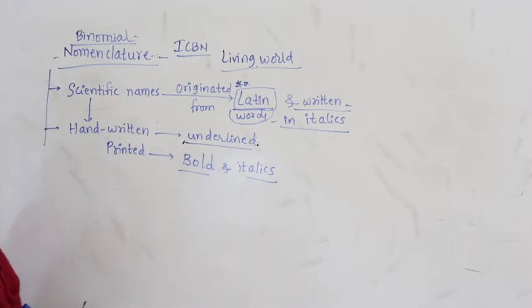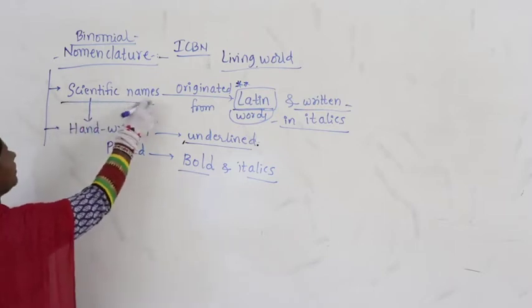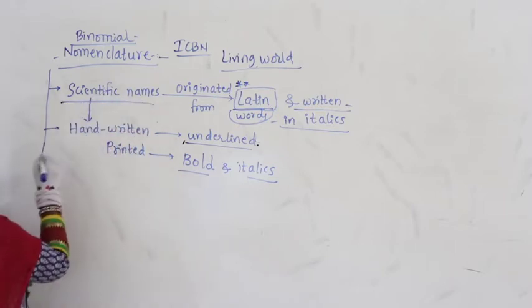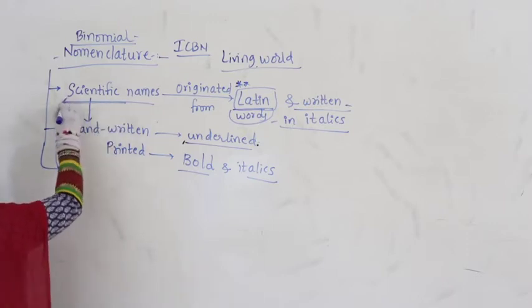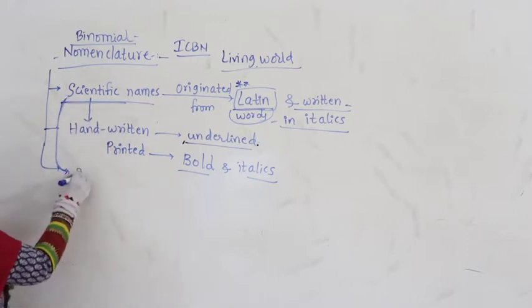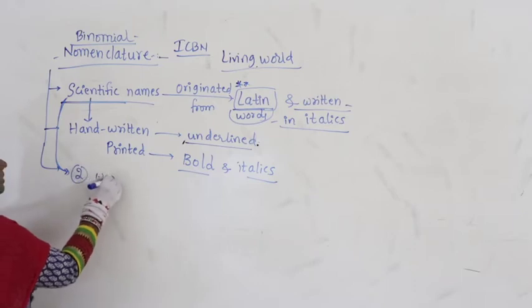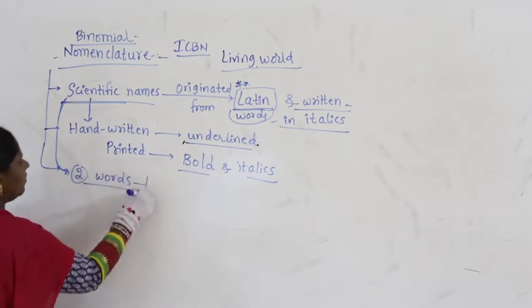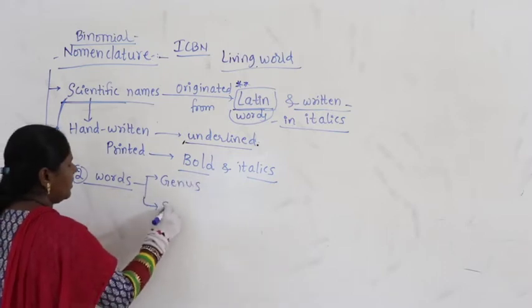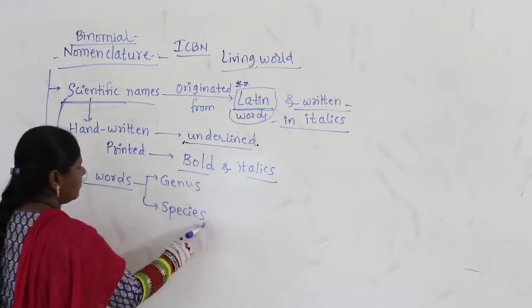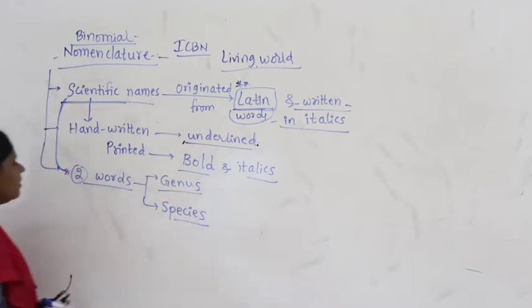Okay. Now apart from this, according to binomial nomenclature, I am speaking about a scientific name. Scientific name has, as we studied for the last class, two words. What are they? Genus and the other one is species. So we have genus and species.